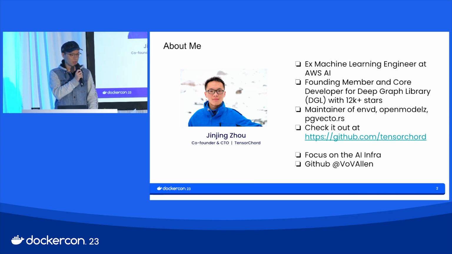Our major projects are all open source and focusing on the AI infra. So you're welcome to check our GitHub repo, and contributions are welcome. My GitHub account is VOV Allen, and yeah, I'm glad to speak here.